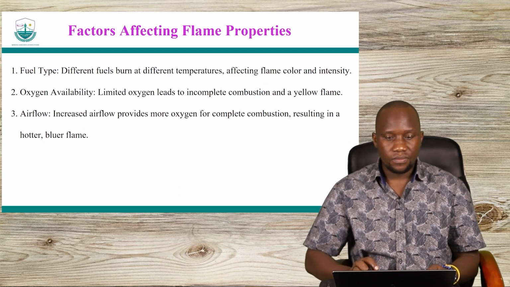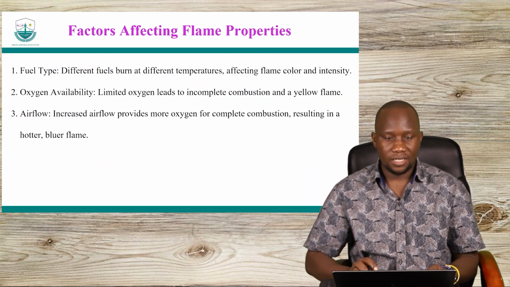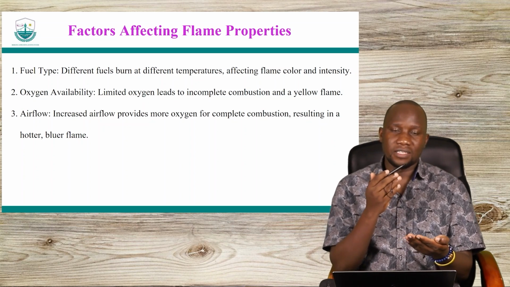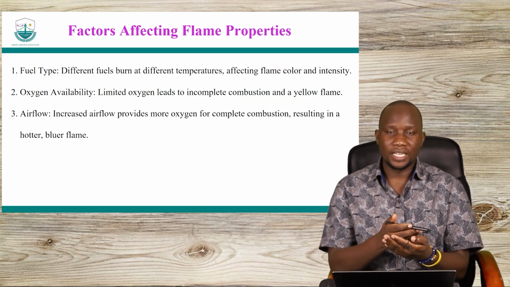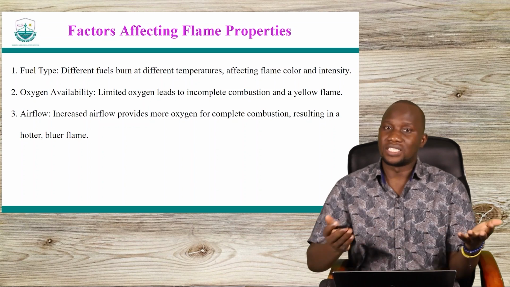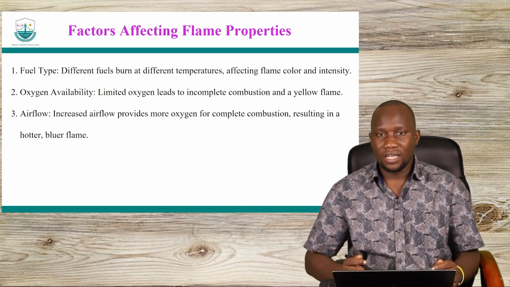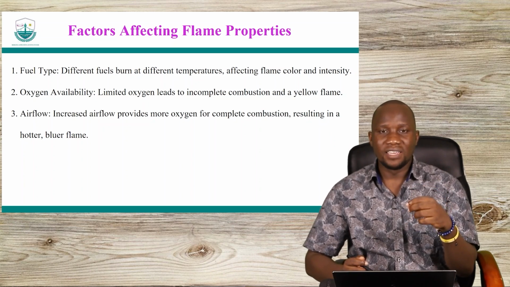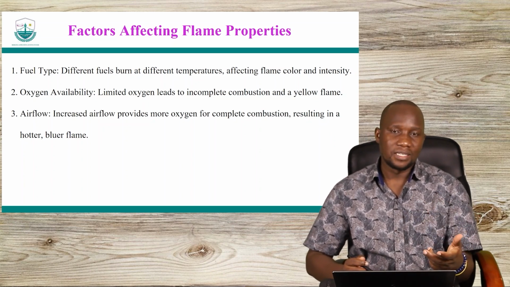So what factors affect the type of flame that you'll have? Definitely the type of fuel that you're having. Wood that has, let us say, petrol sprinkled on it will burn faster compared to wood that does not have anything, right? A blanket will burn differently compared to a plastic.